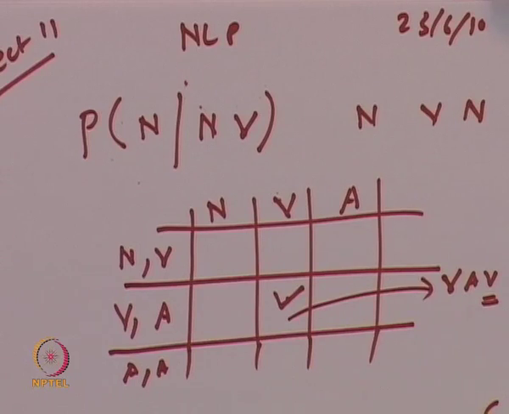Now if you look at this cell, N and people, this is 10 to the power minus 5. This means the probability of the word people given that the tag is N. That means, at a particular position, what is the probability that the word is people given that the tag at that position is noun. How will you compute this?